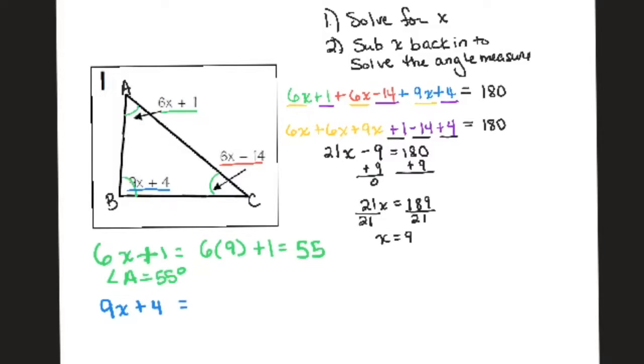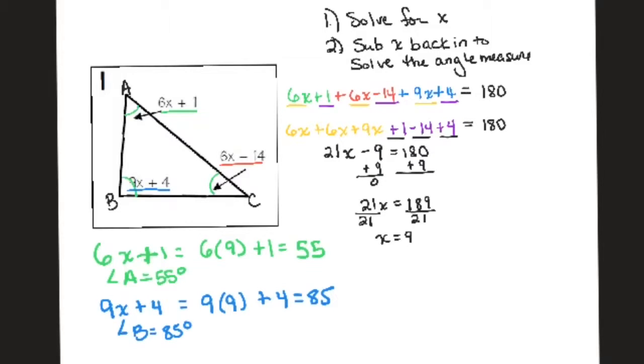Okay, so 9 times, what did we say that x was? 9 plus 4 is equal to what? Well, 9 times 9 is 81 plus 4 is 85. So the measure of angle B is 85 degrees.